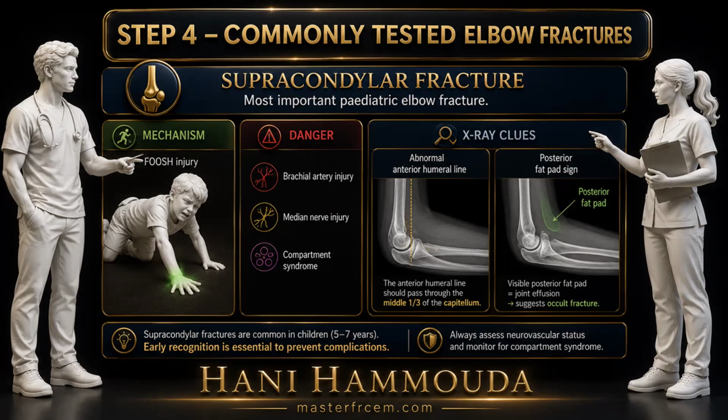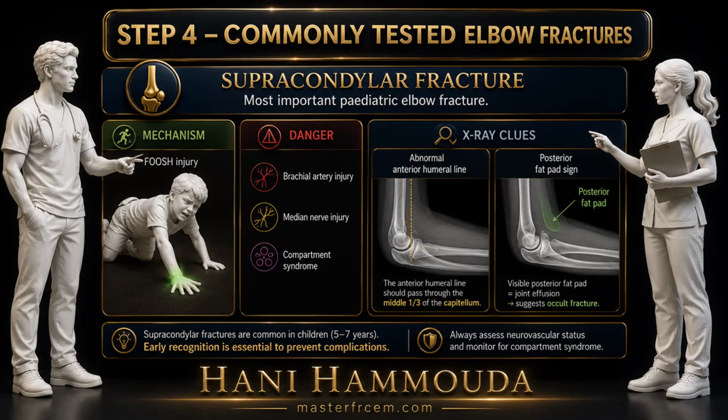Type 2 is a clear-cut fracture with a disrupted anterior cortex but intact posterior cortex. And the third one is a displaced supracondylar fracture, clearly visualized.